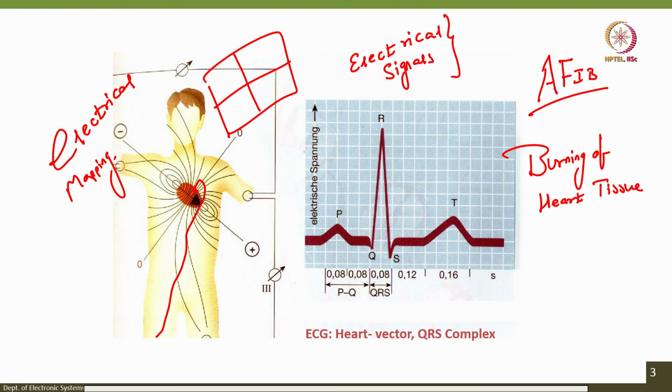In atrial fibrillation, the treatment is generally medicine, and in most cases a person has to go for a burning of the heart tissue. Now, which area of the heart tissue needs to be burned? This burning in medical terms is called ablation.